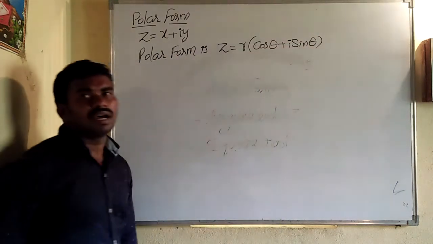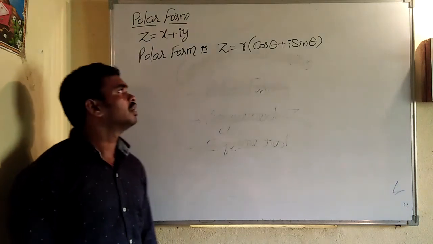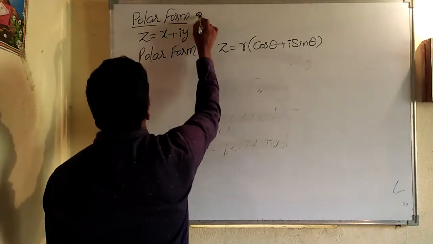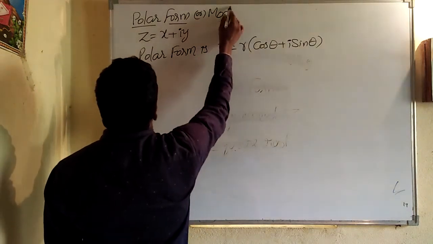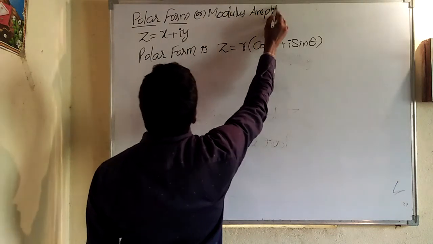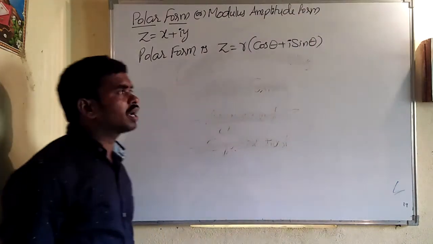This is called the polar representation of a complex number, or the modulus amplitude form of a complex number.